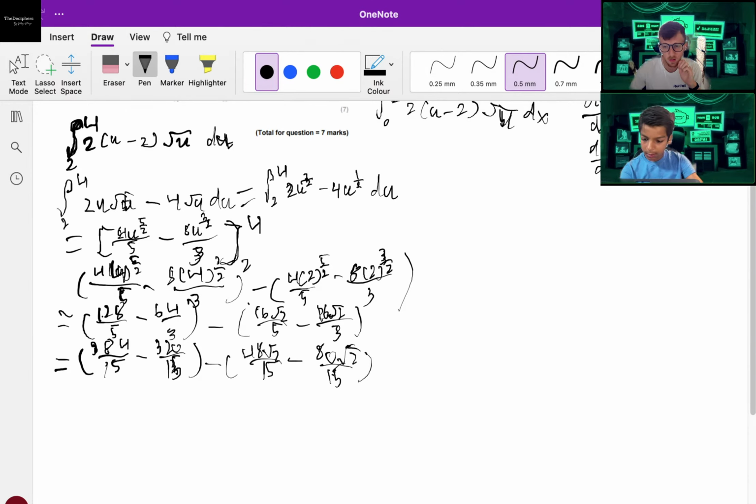So that is 64 over 15 plus 32 root 2 divided by 15.